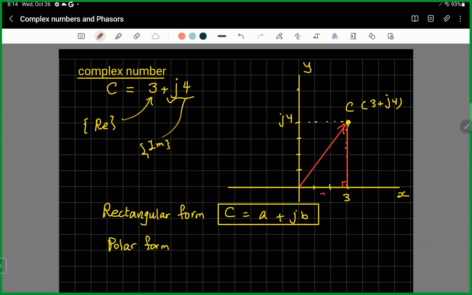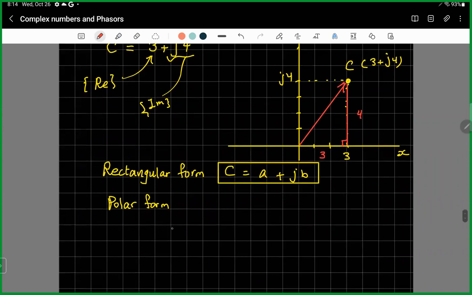This is equal to 3, and this is equal to 4. So the length of this will be the magnitude of C, which is the square root of A squared plus B squared, which is the square root of 3 squared plus 4 squared. That will be equal to 5. So the length is equal to 5.